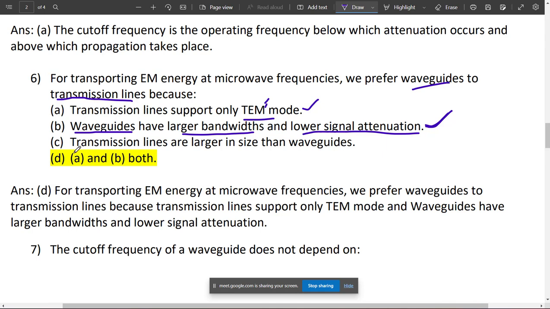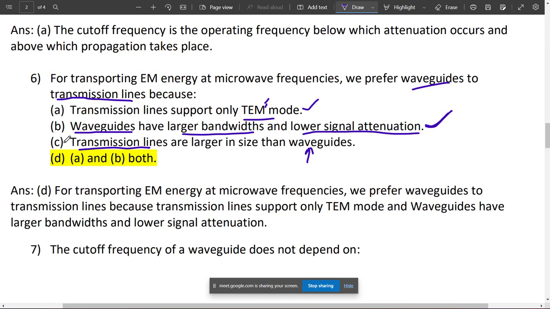Now option C: transmission lines are larger in size than waveguides. No, actually waveguides are larger and bulkier compared to transmission lines. If transmission lines could support other modes as well and could have better bandwidth and lower signal attenuation, then we would have preferred transmission lines, because they are smaller in size, so the system would be compact.